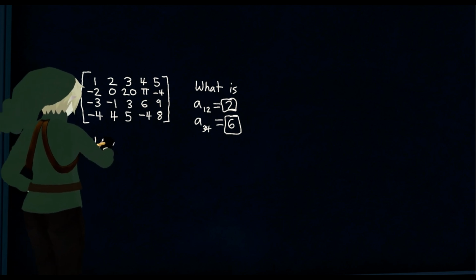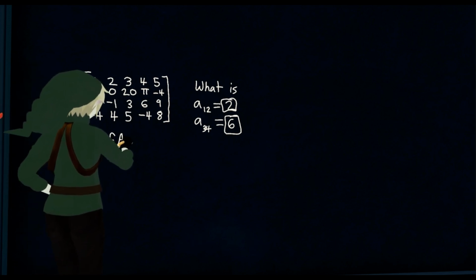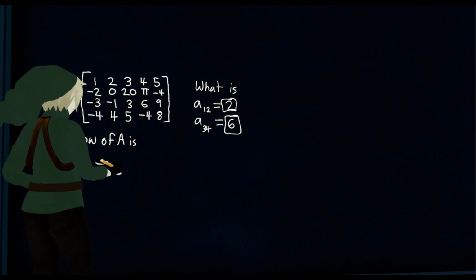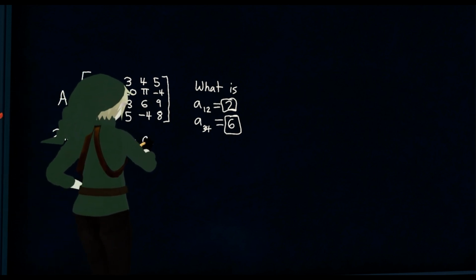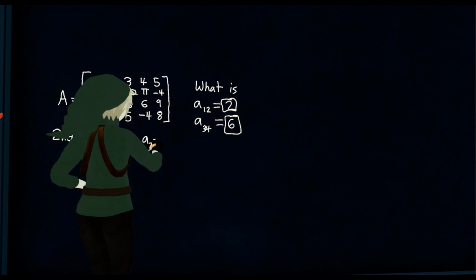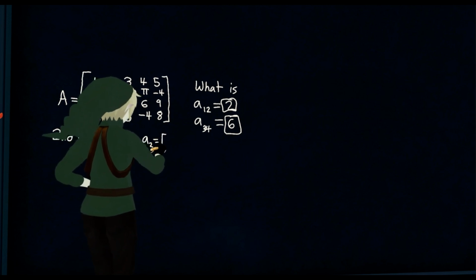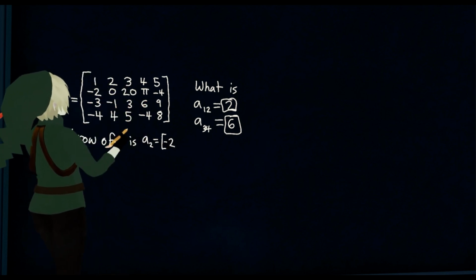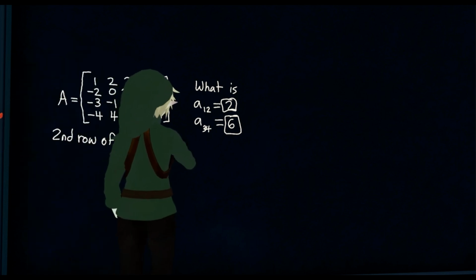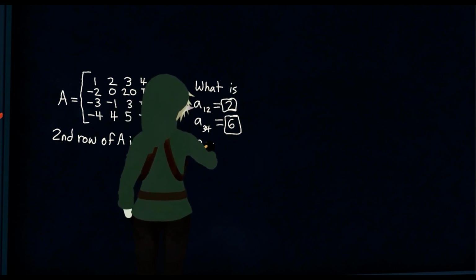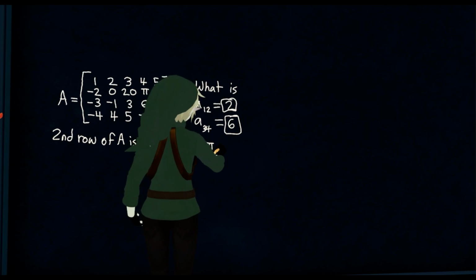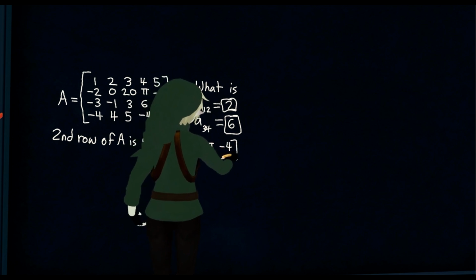Second row of A, the way we notate this, is A2. A2 is equal to -2 here. Our second row is -2, 0, 20, a random pi, -4.